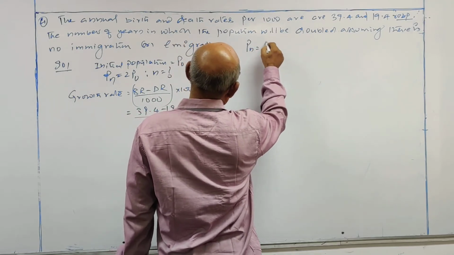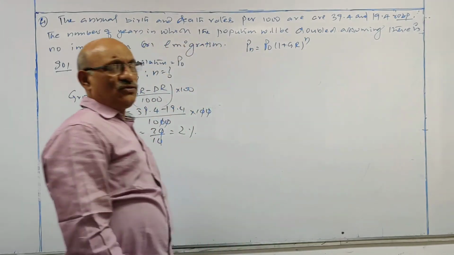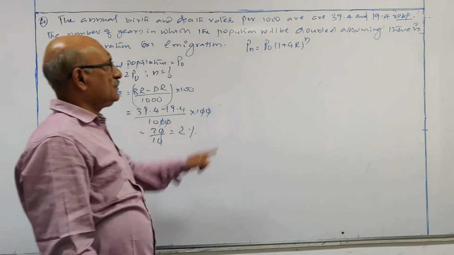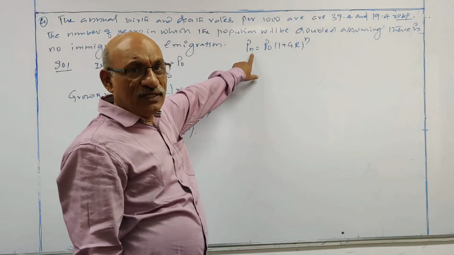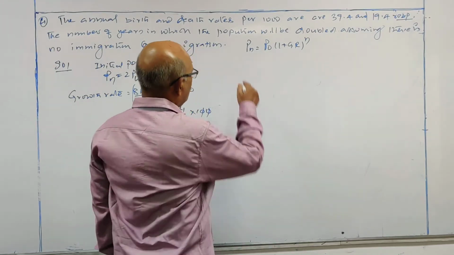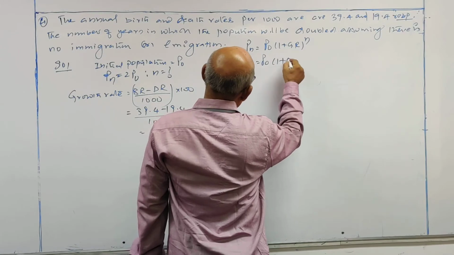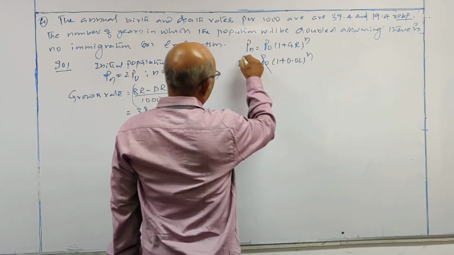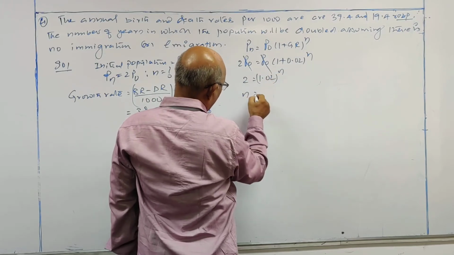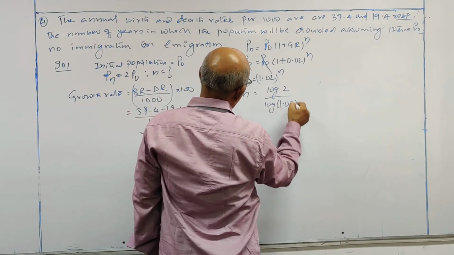So Pn is equal to P0 into (1 plus growth rate) whole power n. This is the formula we have. Population at the end of the nth year is equal to initial population into (1 plus growth rate). 2 times P0 is equal to P0 into 1.02 whole power n. 2 is equal to 1.02 whole power n. n is equal to log 2 divided by log 1.02.